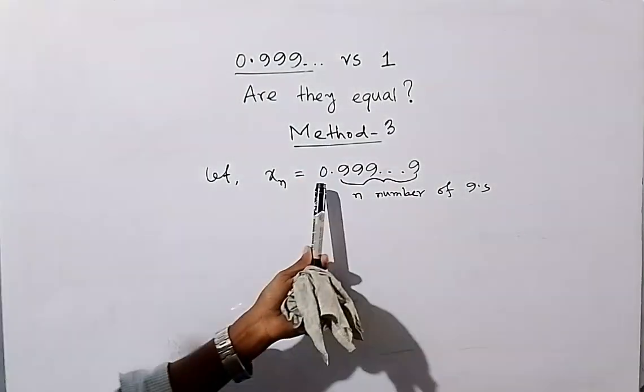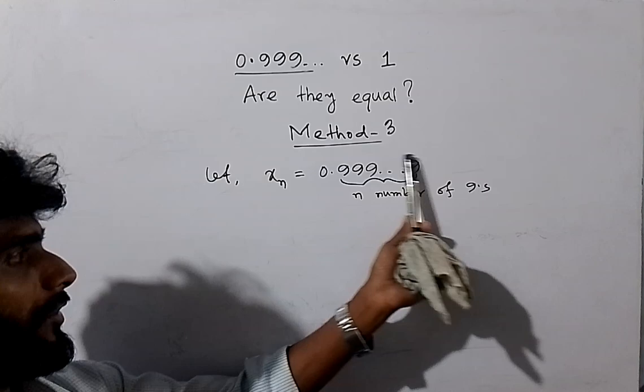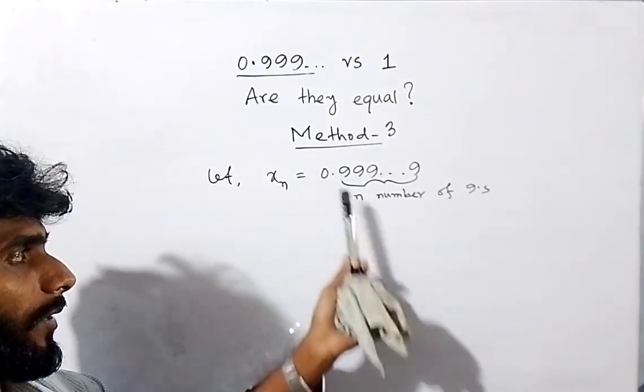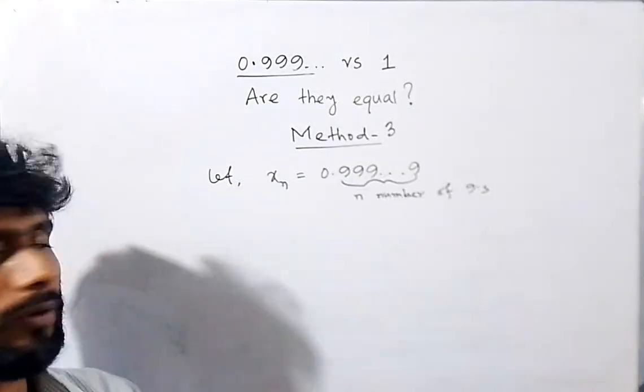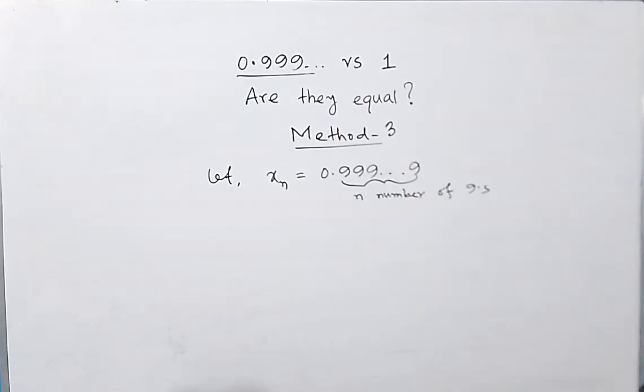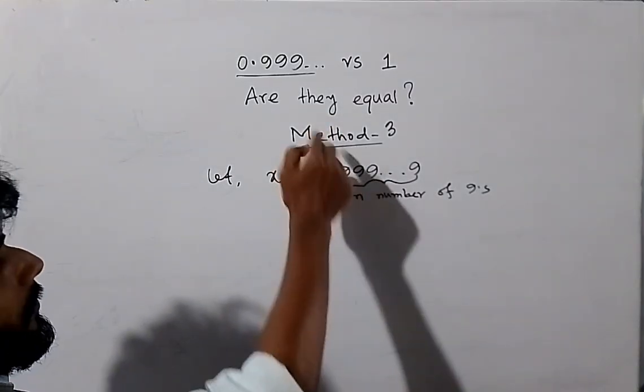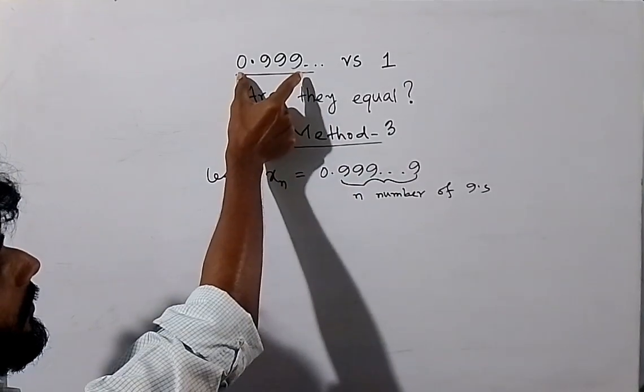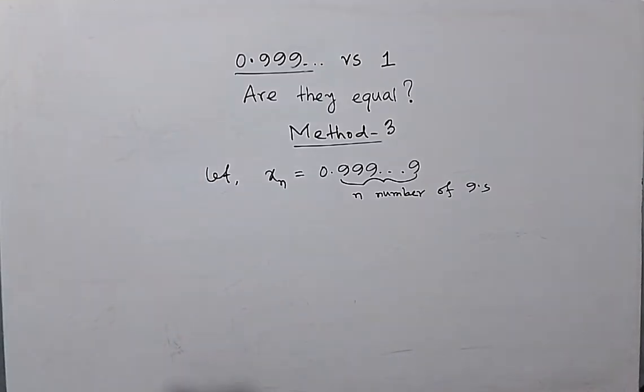So xn is this, and after the decimal point I have n nines.